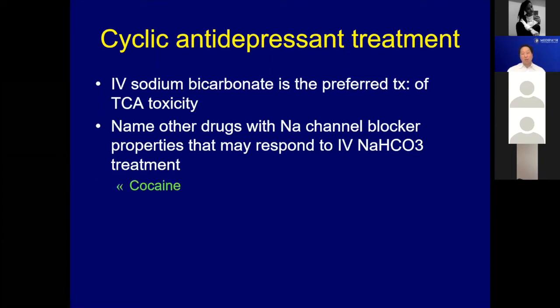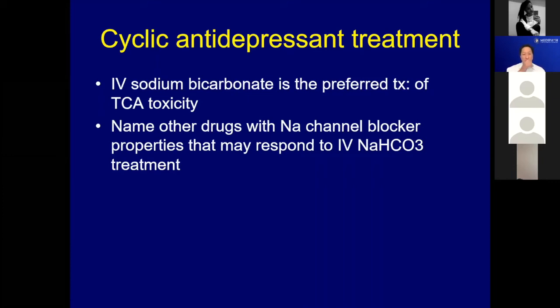We usually like to give them maybe 1 milliequivalent per kilogram bolus, and then you start them on a continuous infusion. I usually recommend putting 3 amps or 50 milliliters of sodium bicarbonate in 1 liter D5W. That gives you a nice, you just run it at twice maintenance. And then in these cases, when you start giving it, you see the QRS start to narrow. It's actually quite remarkable, and gives you a really good idea as to how well the patient's responding.